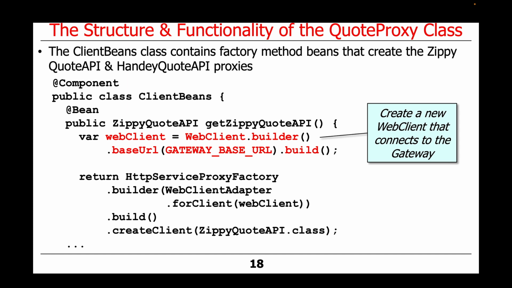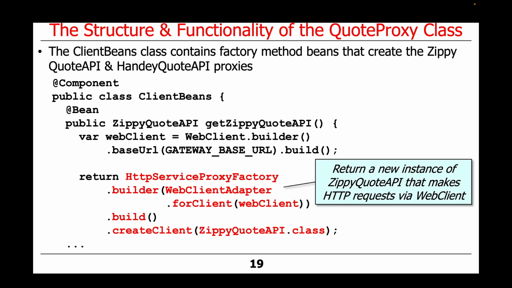We first create a new web client that's going to connect to the gateway at the gateway URL. And then we go ahead and we make ourselves a new instance of the Zippy Quote API via the HTTP service proxy factory, which we connect via an adapter to the web client. So we connect those things together, and then we create ourselves an instance of the Zippy QuoteAPI class, and that's what gets returned back.